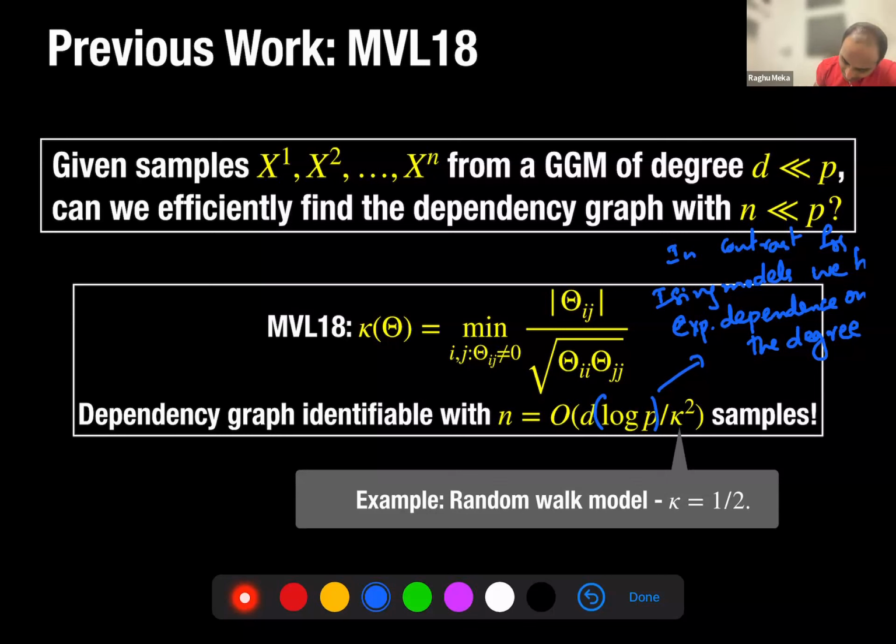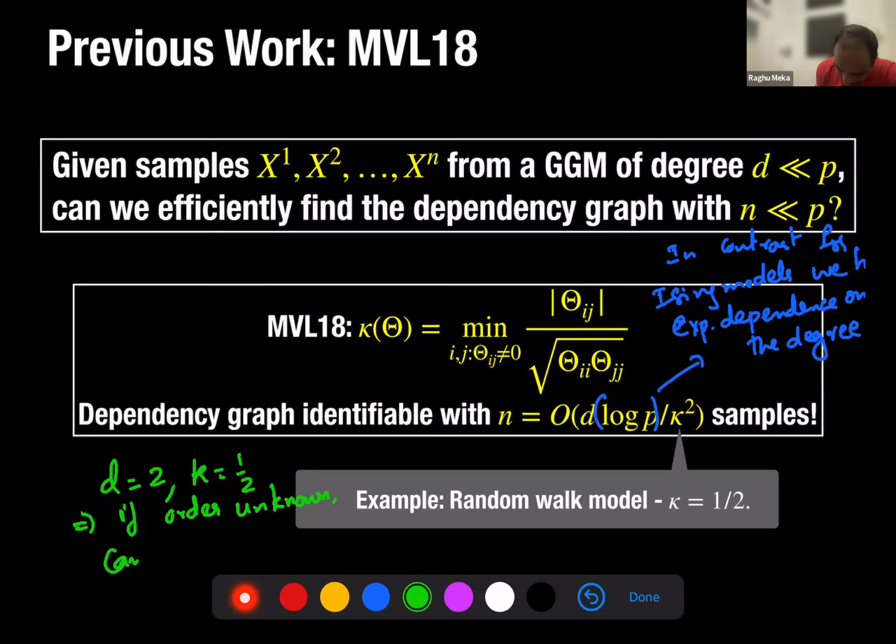Degree equals 2, kappa equals half implies that if the order is unknown, you can learn it.